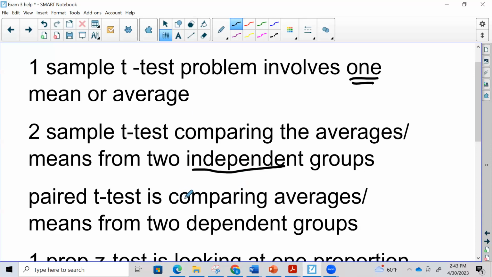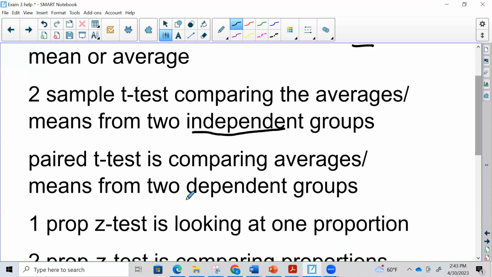Now for a paired t-test, you're also comparing the averages or means, but now you're comparing them for two dependent groups. Okay, what that means is you're either collecting two sets of data on the same group of people, like heart rate before and after exercise, or weight before and after a diet, things like that, or you're collecting data on a sample of two groups that have a relationship: husband and wife, father and son, mother and daughter, something like that.